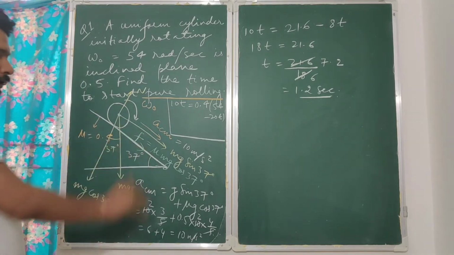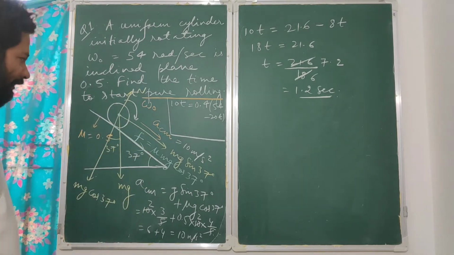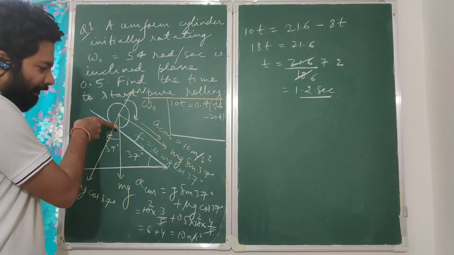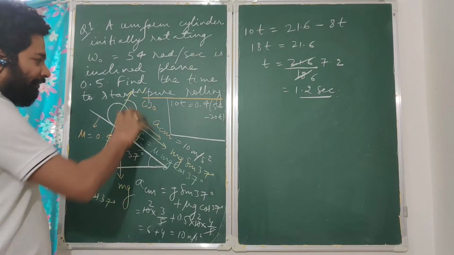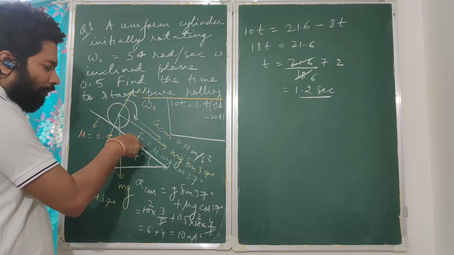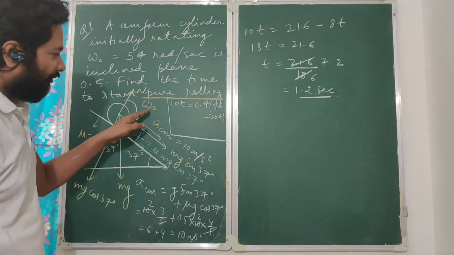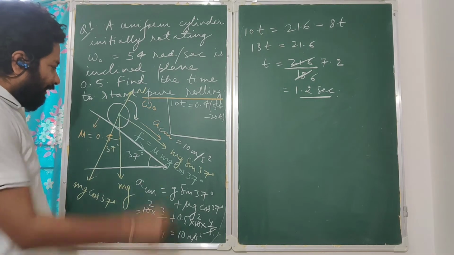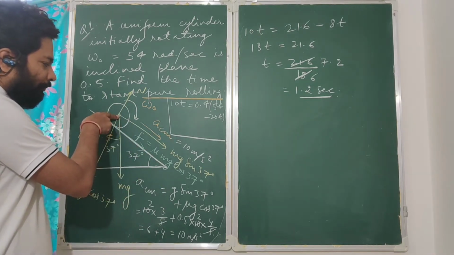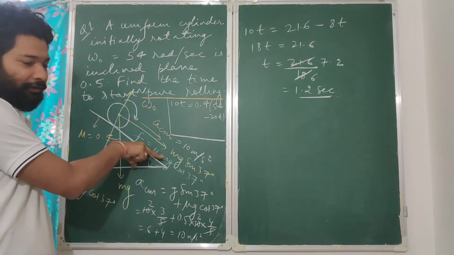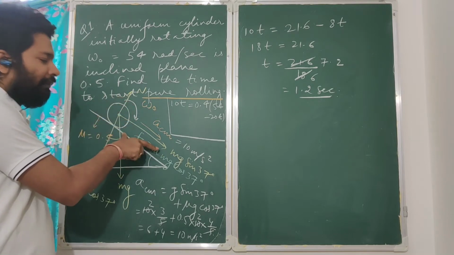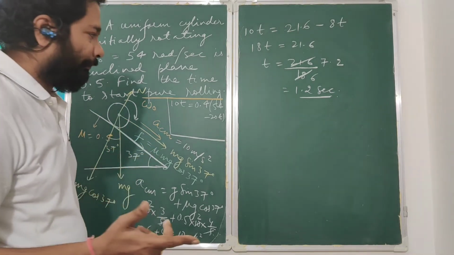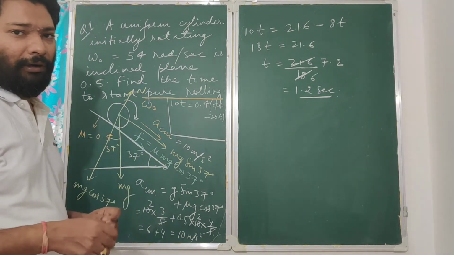And if you see overall what has happened in this problem, initially this body was rotating with some angular velocity omega naught. And this friction, what it has done? It is trying to reduce this value, the torque which is generated by this friction force is trying to reduce the value of omega naught to some value omega. And initially velocity of center of mass was 0. So this friction force is acting in the direction of motion and it is trying to increase the velocity of center of mass to a value VCM, such that VCM becomes equal to R omega.